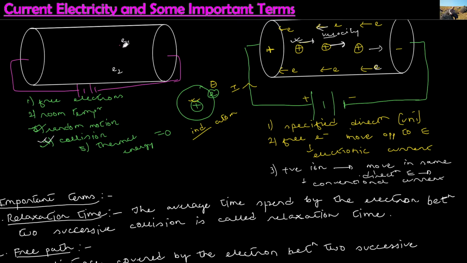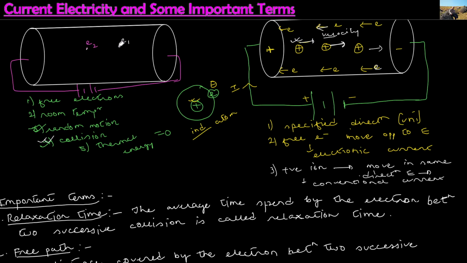Now you know that these electrons will undergo collision with the neighboring atoms. Suppose I consider this as E1 and this as E2. Those are the two electrons under consideration.